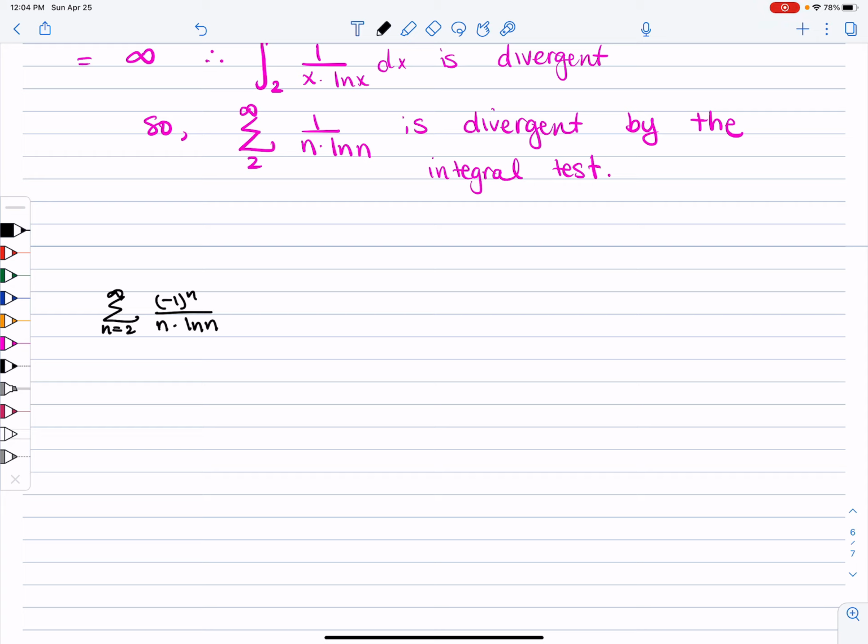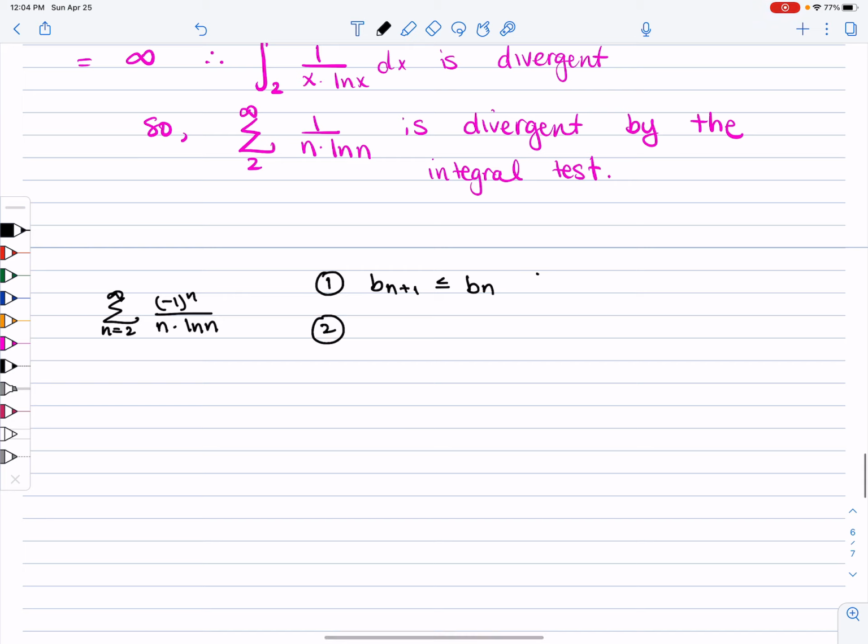What are the two conditions for the alternating series test? You have to show that the two conditions are met. And the two conditions are b sub n plus 1 less than or equal to b sub n. I'll put a question mark because we need to check. And then we have the limit as n approaches infinity of b sub n equal to 0.